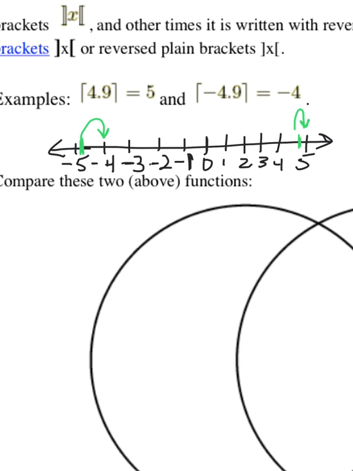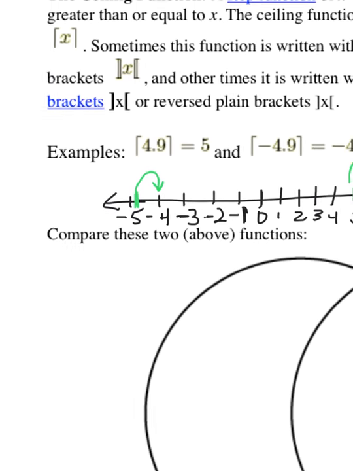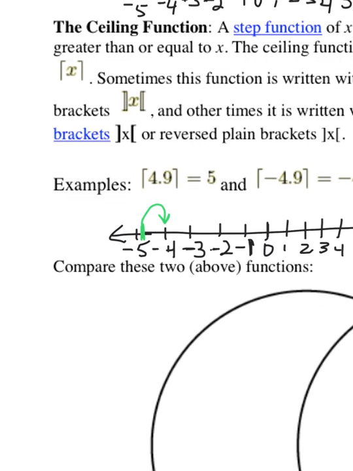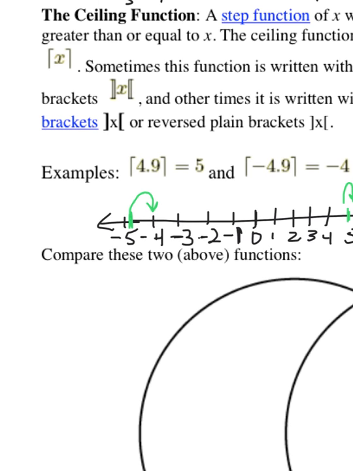The brackets for this are different. In the explanation on your notes, the brackets for ceiling functions are a little bit different. Instead of closing in on the bottom, they're closing in on the top. If you notice right here, they close inward at the top. That's a ceiling function.